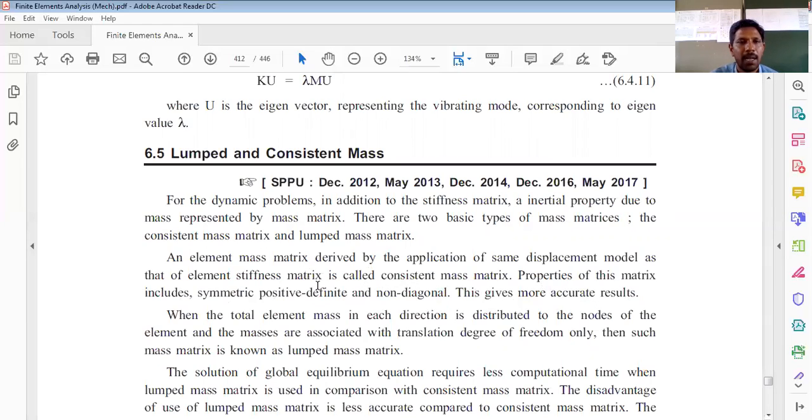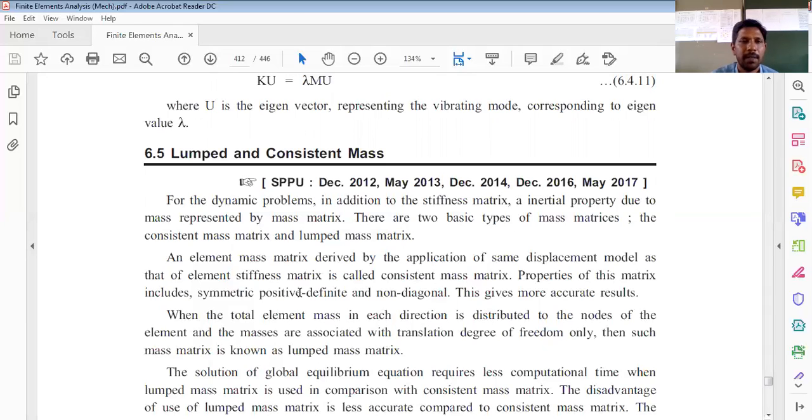Here the mass is distributed over the entire length. If you are considering the shape function of node 1 and the shape function of node 2, whatever displacement model you are using for deriving the stiffness matrix of an element, if the same set of displacement models is used in calculating the mass matrix of that particular element, then it is called the consistent mass matrix.